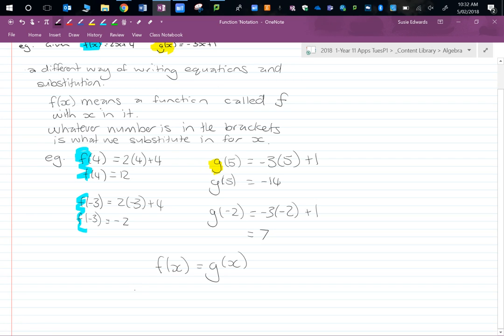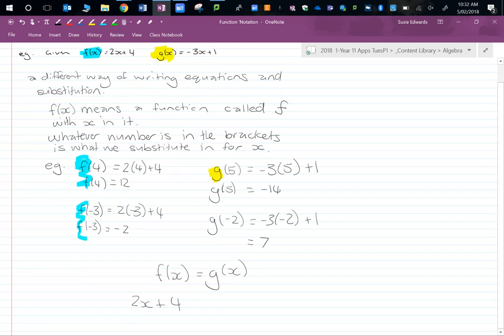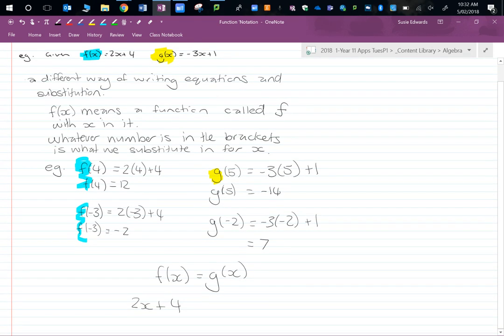So we'd write 2x plus 4, that's the equation of f, that's f of x, equals, from the blue equation, the top. Still based off the top, so you'll always be given the equations to start with, okay? Equals 3x plus 1, because that's what g of x equals.